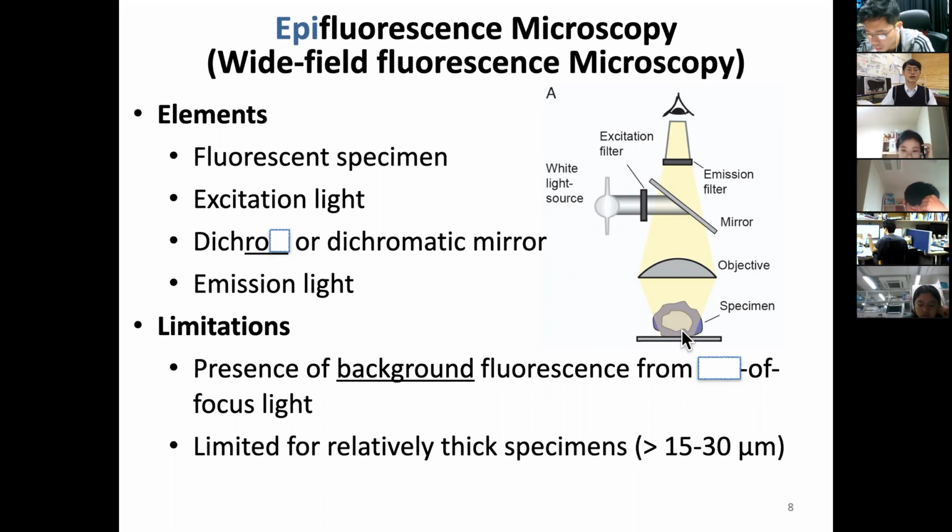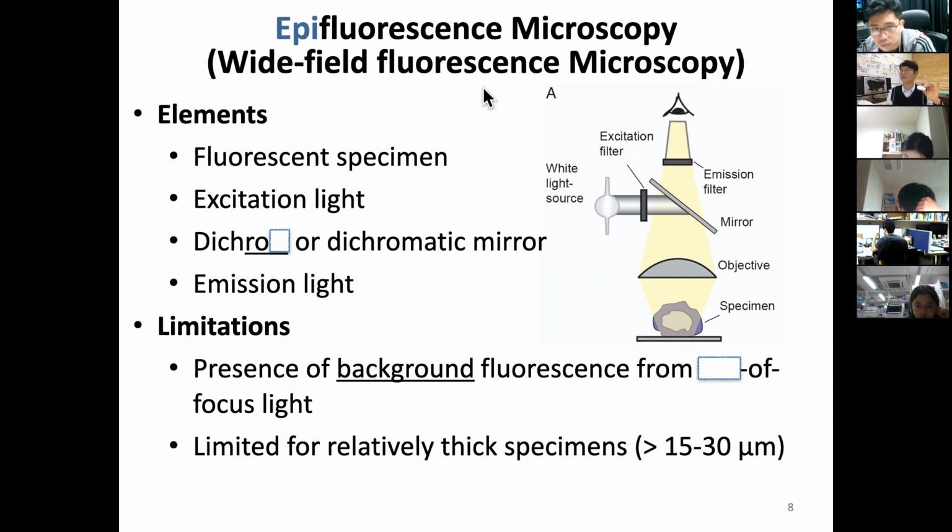Then what about the other kind? So there's a sample, you shine on top and you observe from the top. So that's epifluorescence. The other way is you shine on the bottom, pass through the sample, and you observe from the top. That's called trans-illumination or transfluorescence. Unless the sample is very thin, like cells, you don't typically use trans-illumination much.